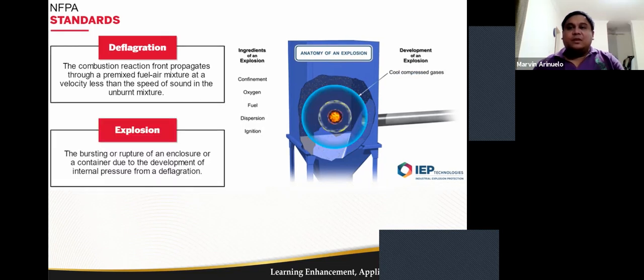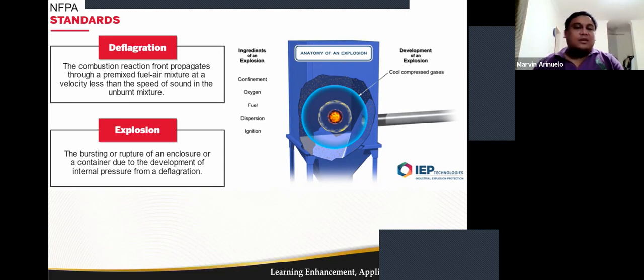Okay, and according to the theory, the development of an explosion is a form of cold compressed gas. And how do we define explosion? Okay, it is the bursting or rupture of an enclosure or confinement or a container, for example, due to the development of internal pressure as a result of deflagration.